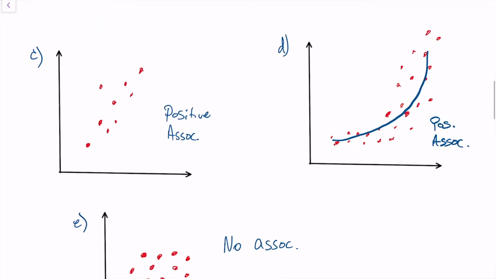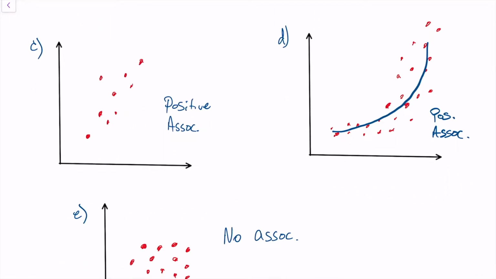And similarly for C and D, they both have positive association, but we would say that the positive association for C is strong, because that's pretty close to being a nice straight line. Whereas for D, yes, they're going up, but it's almost like an exponential if you remember your college algebra days. So we would say that this is actually a weaker positive association. Why is that?